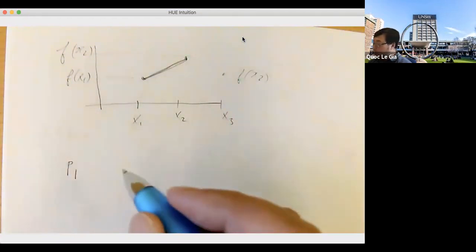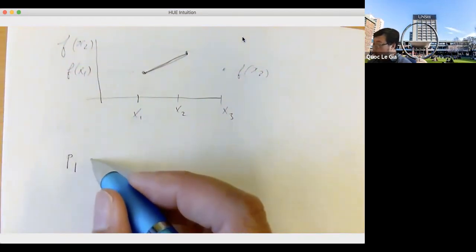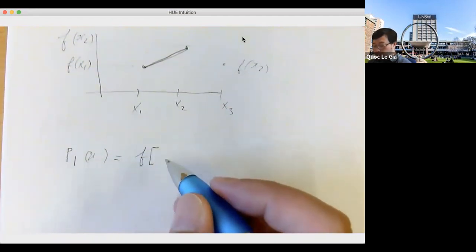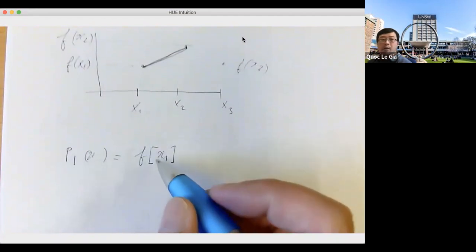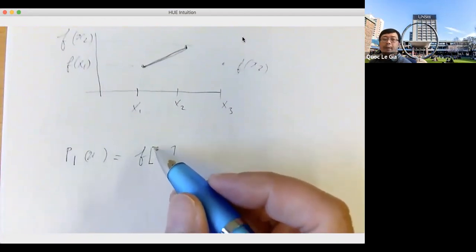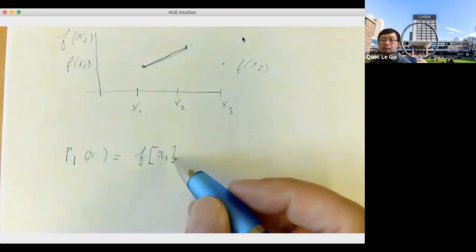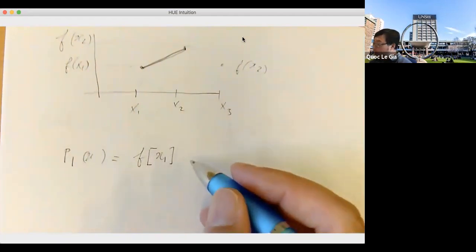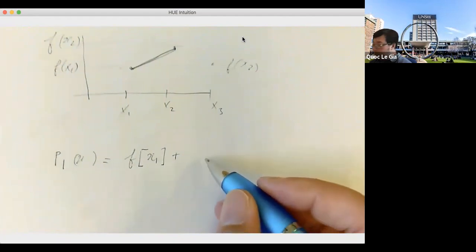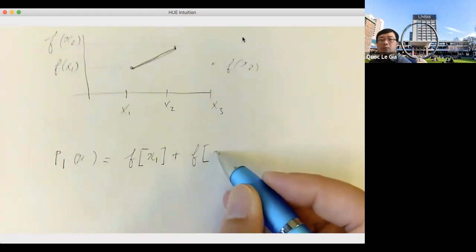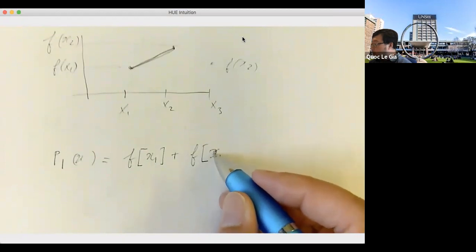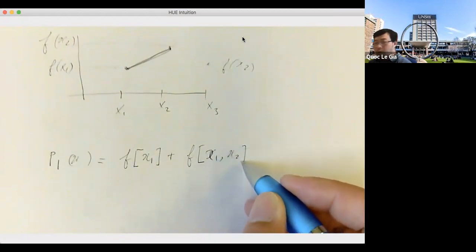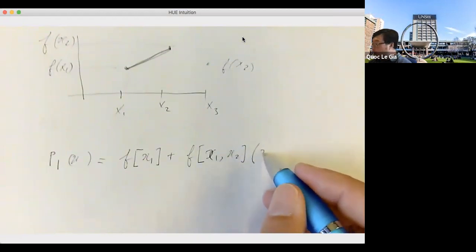So P1 can be written as f[x1], which is just equal to f(x1), the value, plus the slope of the line that goes through the two points x1, x2, multiplied by x minus x1.